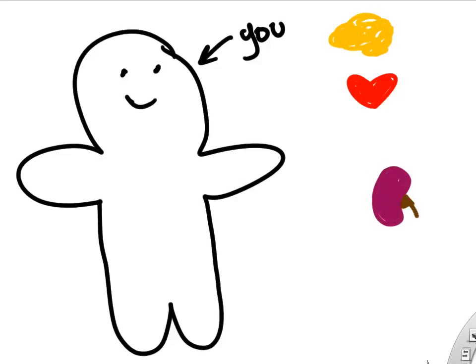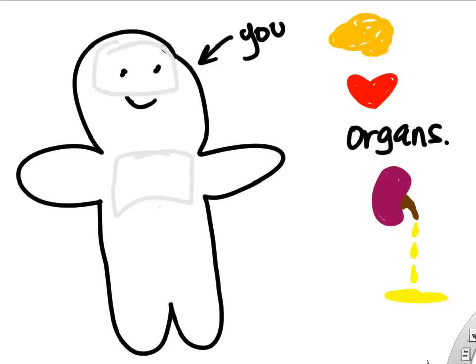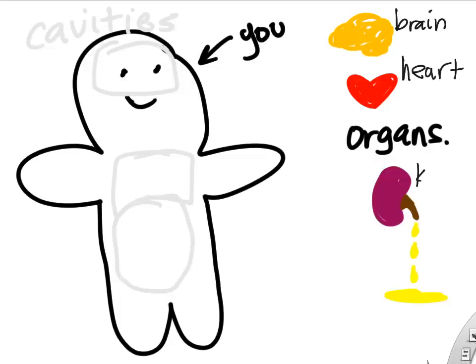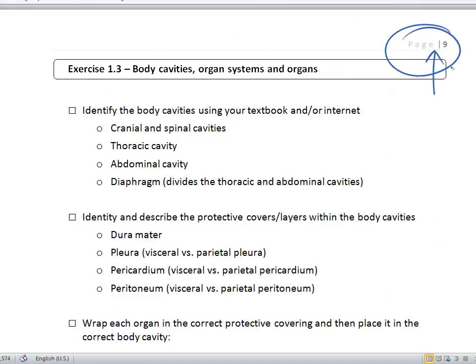If we look at our brain, our heart, and our kidneys, we can start to think about where those are located in our body anatomically. Those organs are typically located in cavities. For example, we have our cranial cavity, our thoracic cavity, and our abdominal pelvic cavity, or sometimes we'll just call it our abdominal cavity. You can probably guess where these different organs go. So that's how we're going to start here.